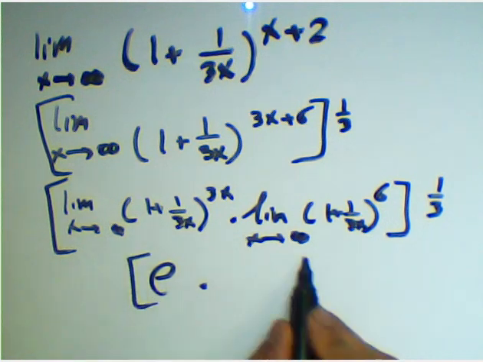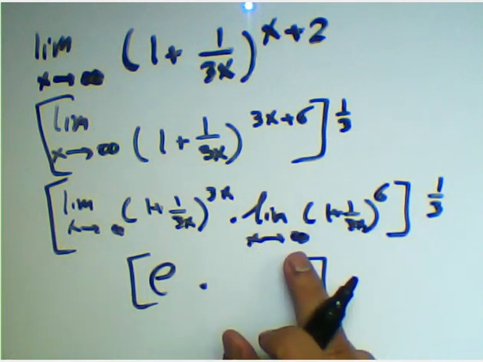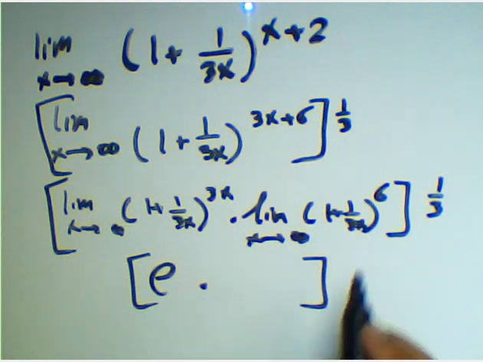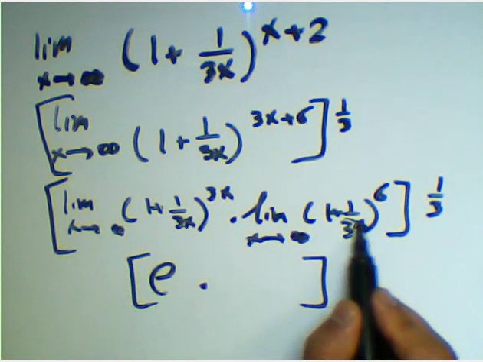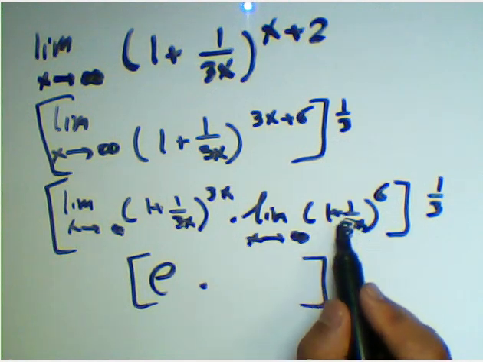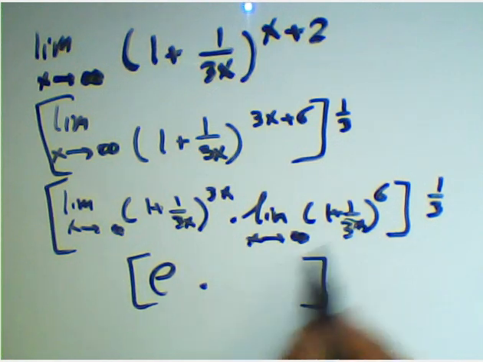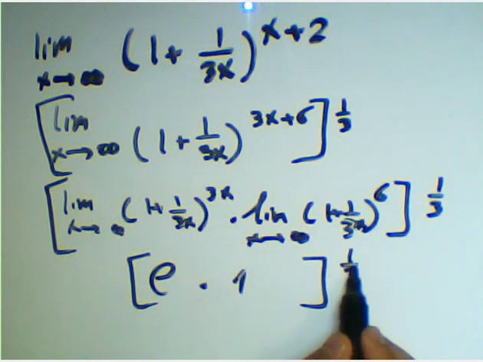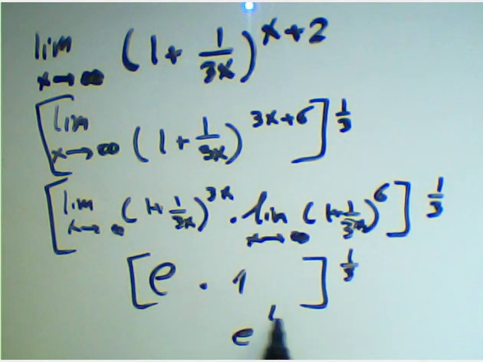Multiplied by the result of the limit with x equal to infinity: 1 over infinity, because 3 times infinity equals infinity, equals 0, 0 plus 1 equals 1, 1 to the power 6 equals 1, all to the power one third. The result will be e^(1/3). That's the result for this example.